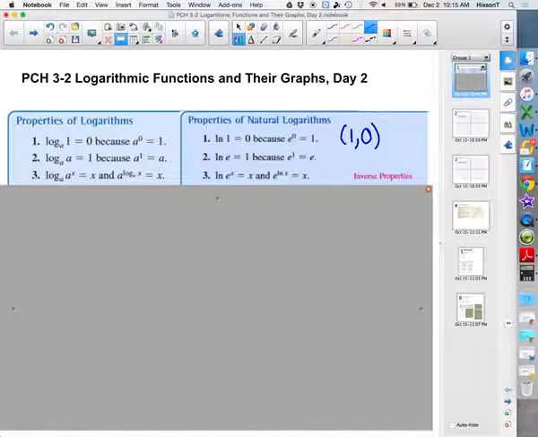So if you have what we looked at yesterday, you don't necessarily have to write this down again. But notice here, the log of the exponential, when they have the same base, gives us just the exponent. And here, if we have the exponential with a log in the exponent, we'll just have what was inside the log. They undo each other.